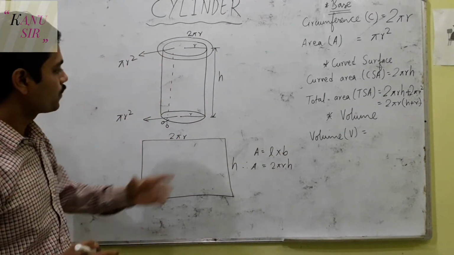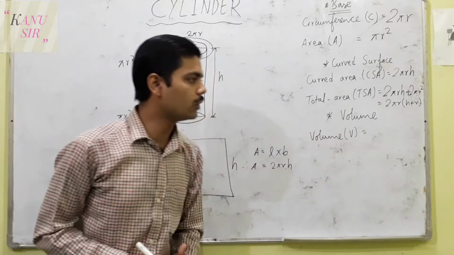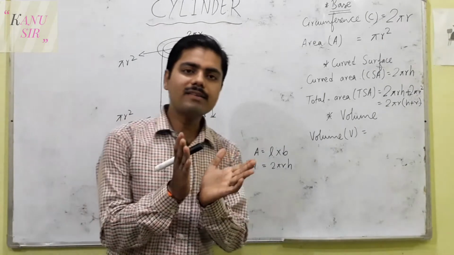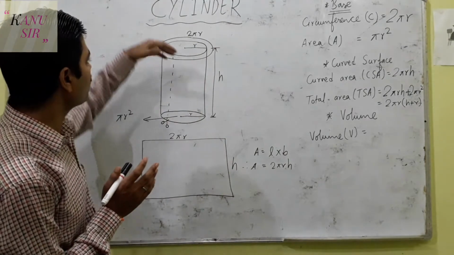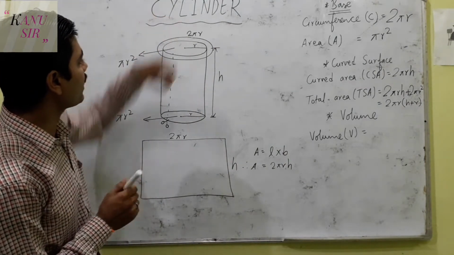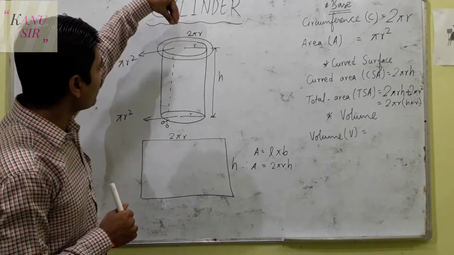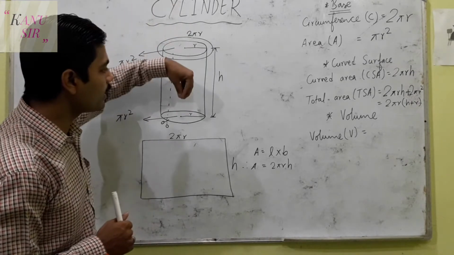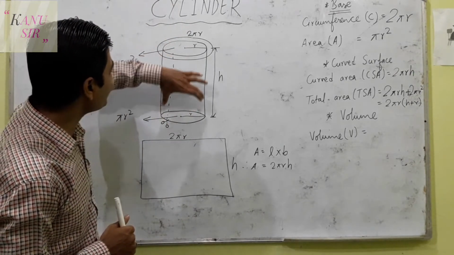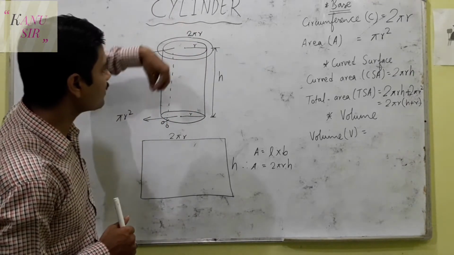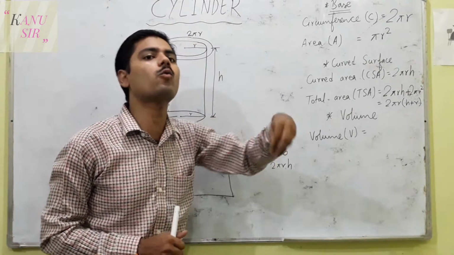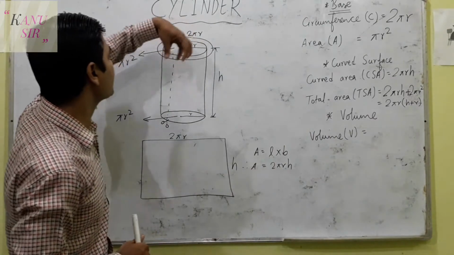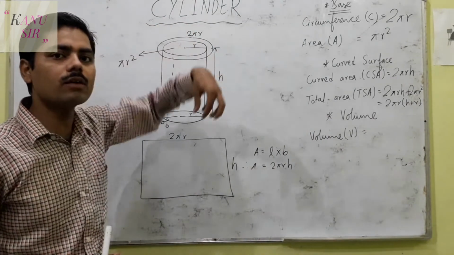After that, we need to find the volume. So what is the actual meaning of volume here? Anything we can fill into the cylinder will cover a certain space inside it. So here we are going to find the total space occupied by the cylinder itself, that is called the volume.